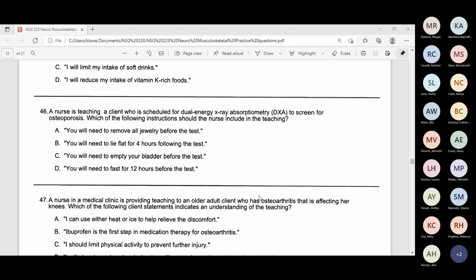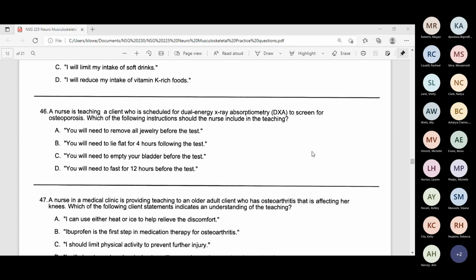A nurse is teaching a client who's scheduled for a dual energy X-ray absorptiometry, or a DEXA scan, to screen for osteoporosis. Which of the following instructions should the nurse include in the teaching? Is it A?